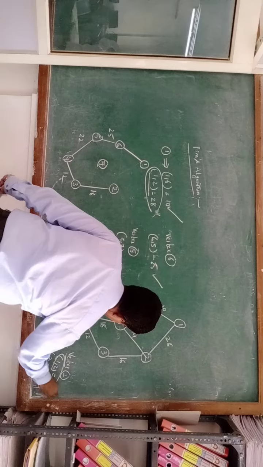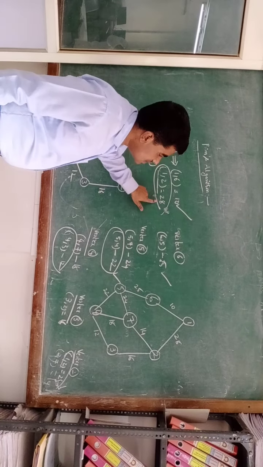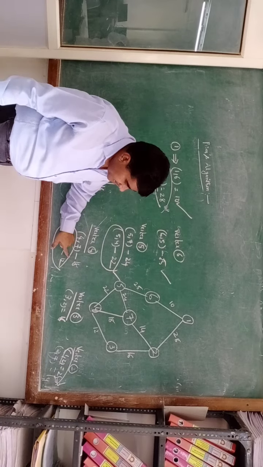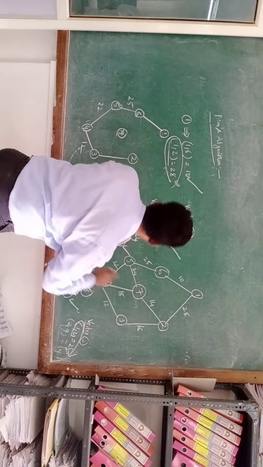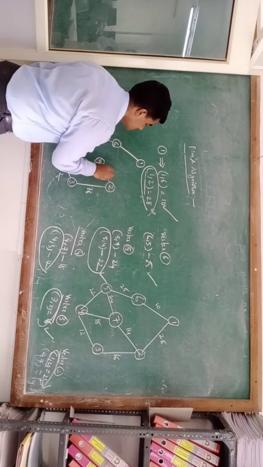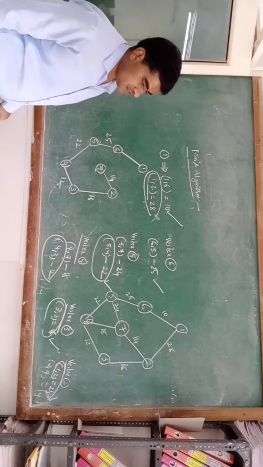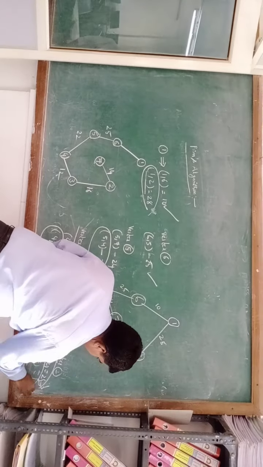So it is already completed, repeated. Here 28, 24, 18, and this is already completed, and 14. Which one is minimum? 14 is minimum. So this is also added in the spanning tree.